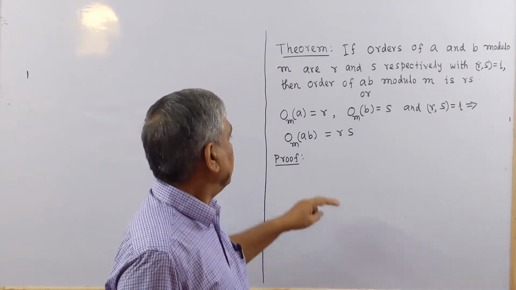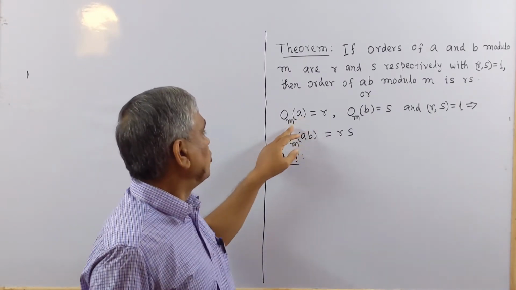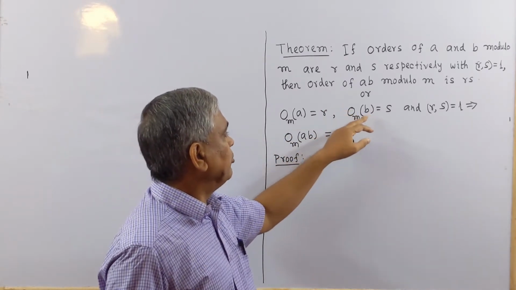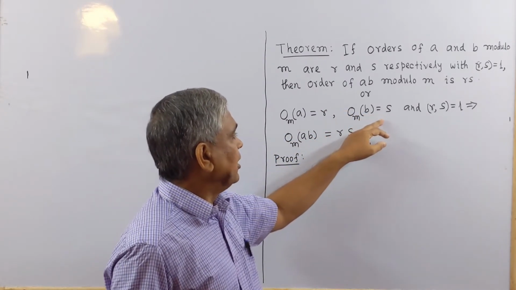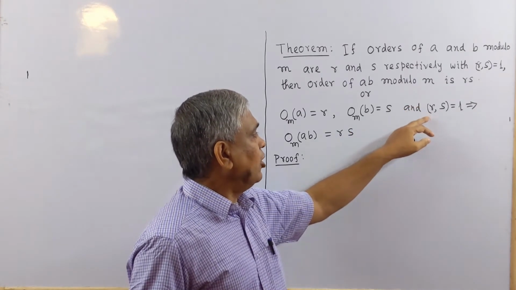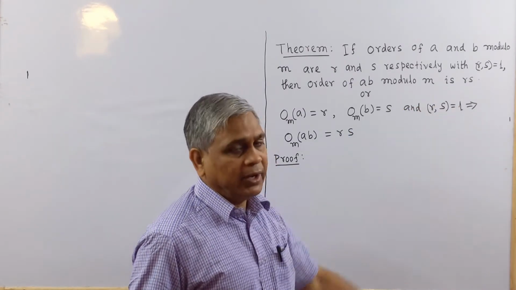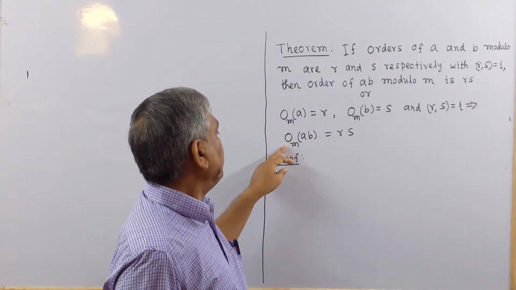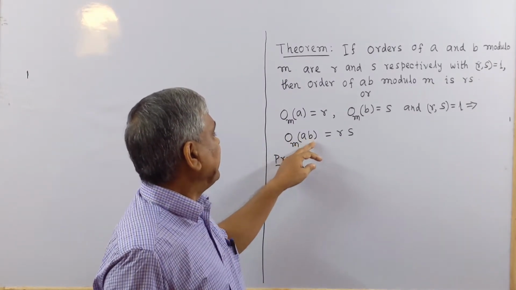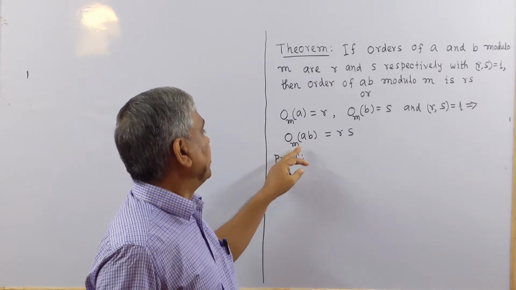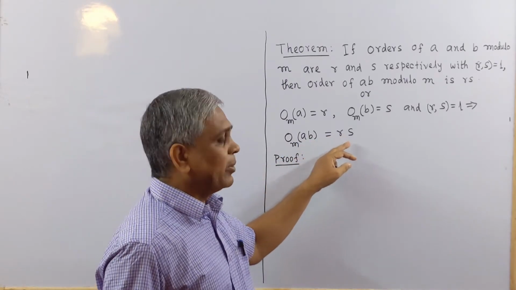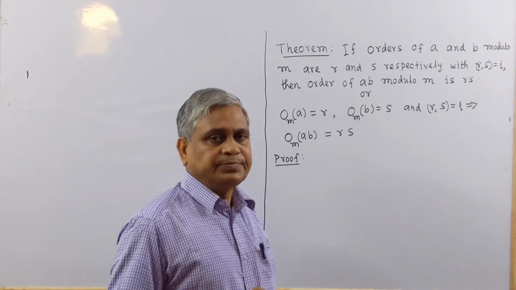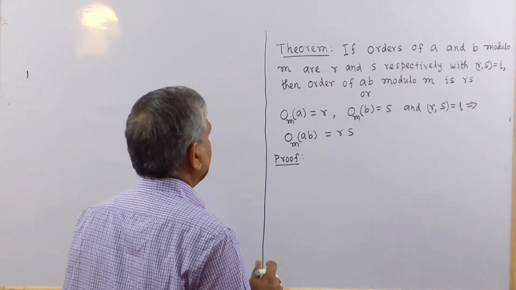Or, order of a modulo m equal to r, order of b modulo m equal to s, and GCD of r and s equal to 1 implies that order of ab modulo m equal to r multiply s. Now we prove this.